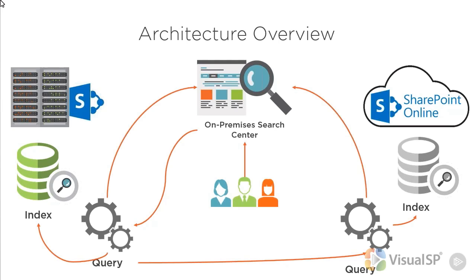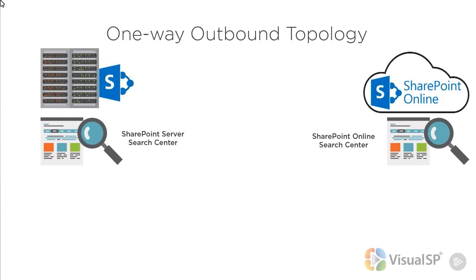So what are the topologies? The first topology is named a one-way outbound topology. And you'll see when we talk about hybrid, we often talk about inbound and outbound. Just to give you a small tip, we always talk inbound and outbound from an on-premises perspective. So when I say one-way outbound, it means that SharePoint Server on-premises is going outbound to SharePoint Online to get information.